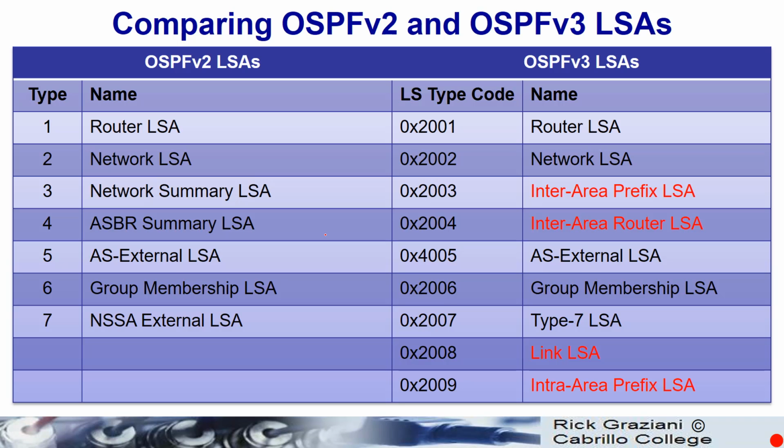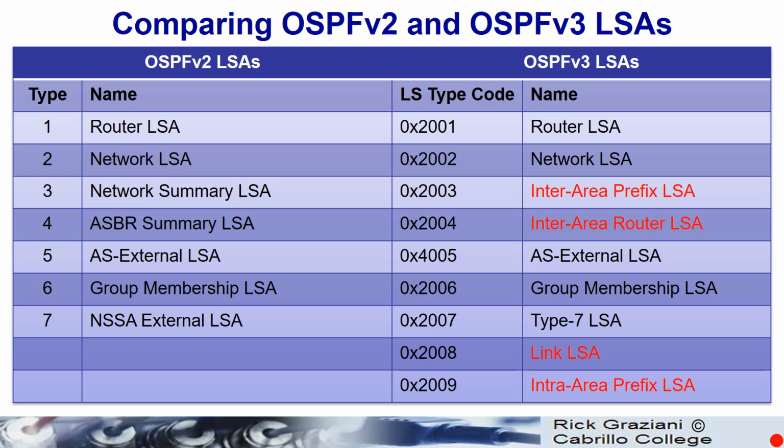So again, the renamed ones: the network summary is now an inter-area prefix. The ASBR summary is now an inter-area router LSA, and we added 2 new ones, a link LSA and an intra-area prefix LSA.